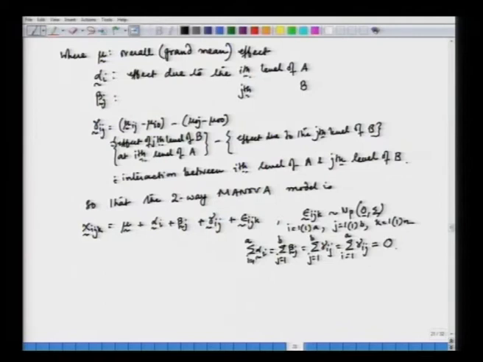So, this completely describes my two-way MANOVA model, and then what we do is split the data to get the sum of squares and cross product matrices. From the random vector, we come to the data. So, this is small x ijk.